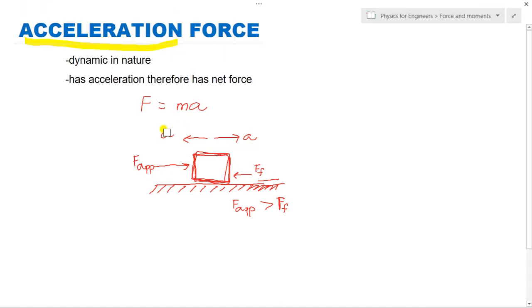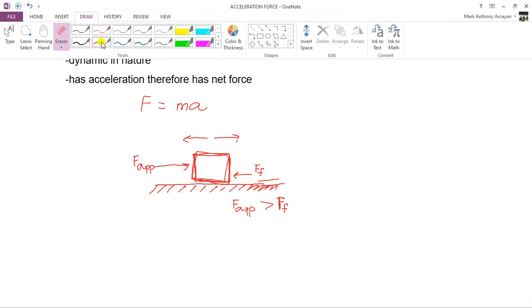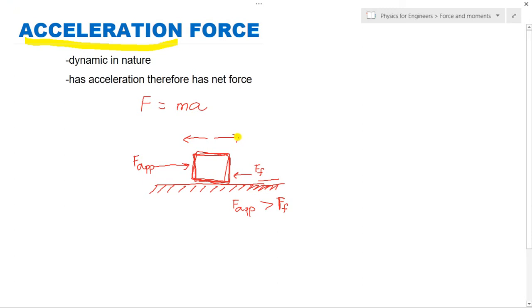Okay, so actually, let us erase this. The normal notion of everyone is that, since this object moves to the right, the direction of the acceleration is also to the right.